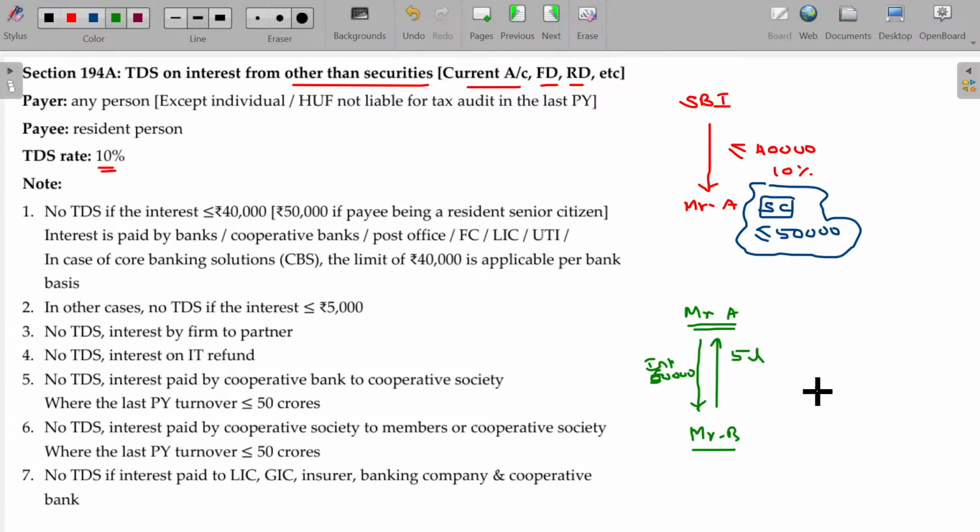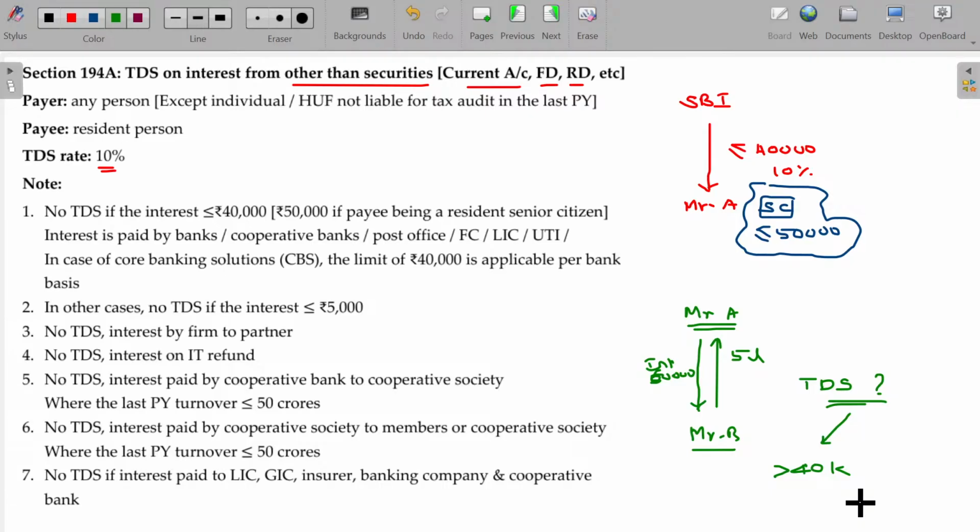In this case, TDS applicable or not? Two conditions should be verified. One is the value should be more than 40,000 or 60,000, whatever the case may be.